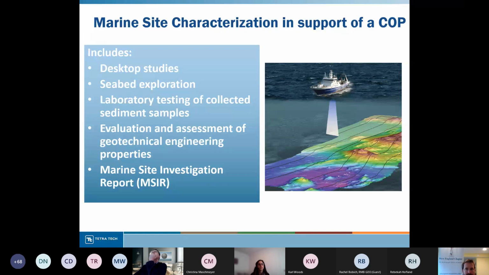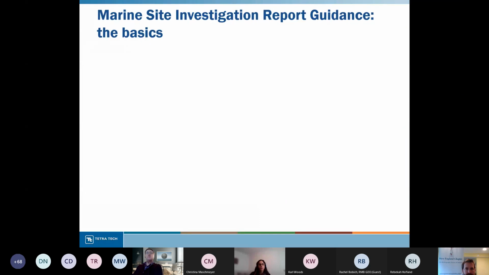Desktop studies, seabed exploration, which Marcus just talked about, some geotechnical survey, and all of that results in the marine site investigation report. The requirements for the reporting for the COP and the SAP are essentially the same, but since the COP is a much larger area, we are going to talk about things in terms of the COP today.